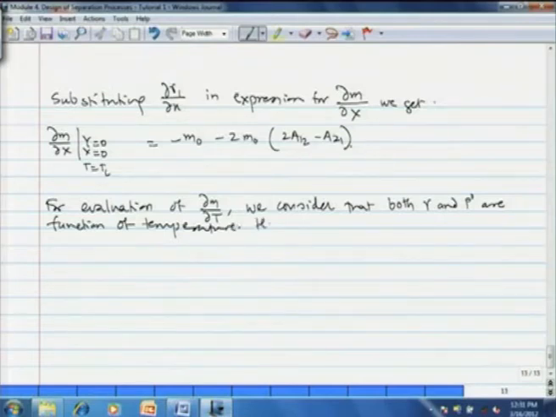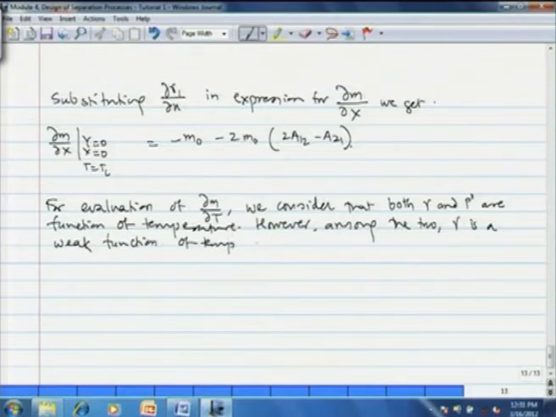However, among the two, gamma is a weak function of temperature. For gas mixtures containing dilute concentrations of solute, the amount of heat that is liberated with dissolution of solute in the liquid is relatively small. So, the temperature of the liquid does not vary by a large number, maybe by 5 or 10 degrees, and for that small variation of temperature, gamma can be assumed to be constant.